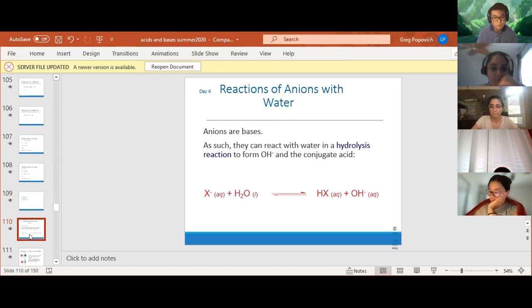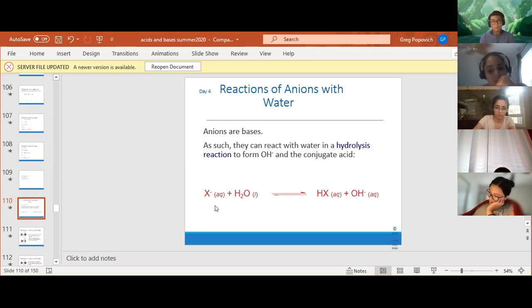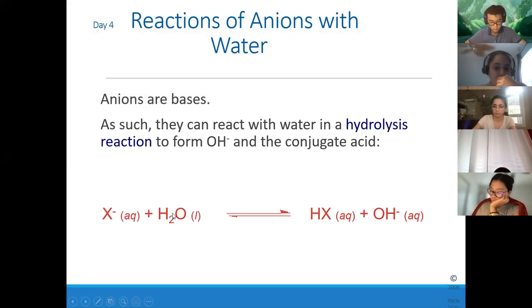salts. Anions are bases. What can happen is if my anion is strong enough, it can go ahead and grab an H off of water to regenerate a weak acid, plus what's left of the water is OH minus.